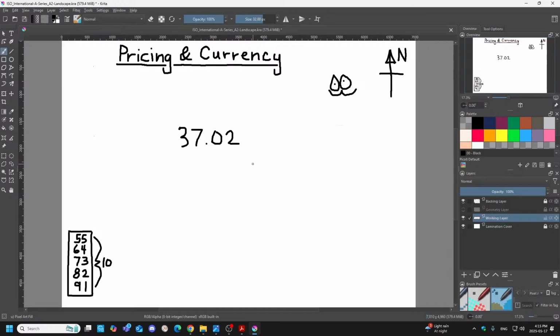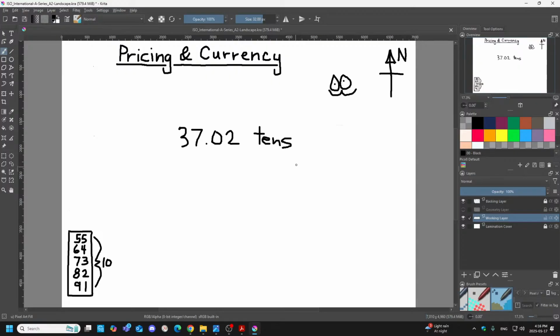Round to the nearest tens. Oh, my penmanship with a mouse is terrible. I wish I had a tablet. This would be so much better. It's not something I really practice.